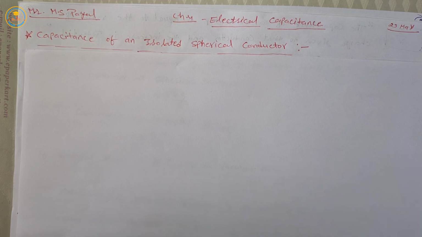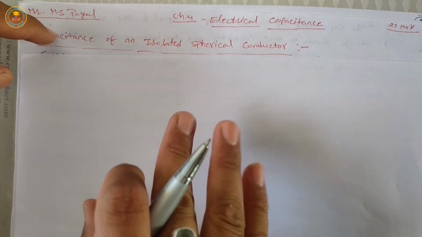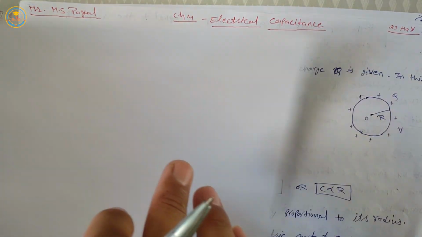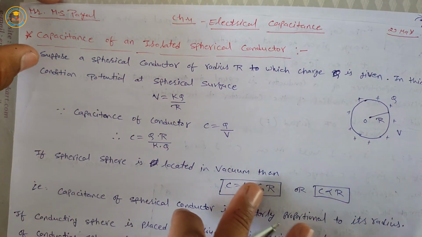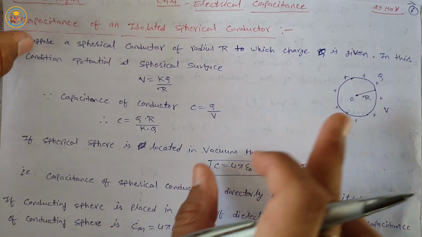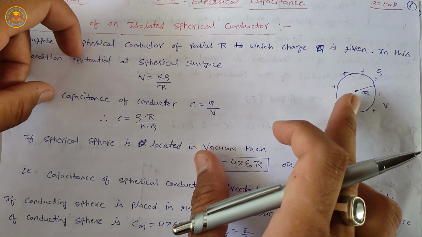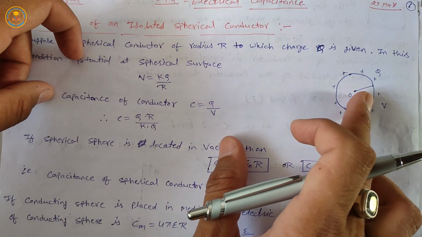Now we determine the capacitance of an isolated spherical conductor. For this, we have a spherical conductor of radius R, to which charge Q is given.